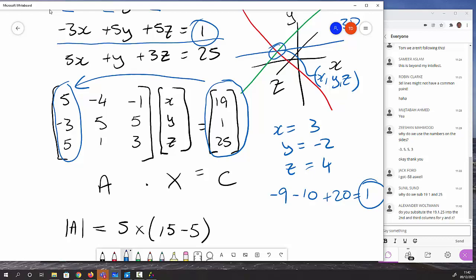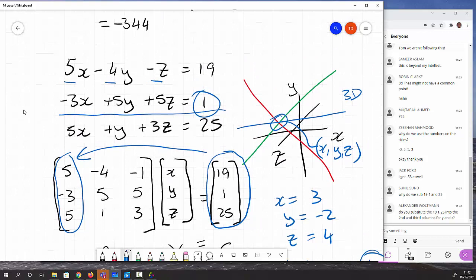Okay, so just in summary then, let's just go over this quickly before I jump into breakout rooms. We've got 3 equations in 3 unknowns here. And what we did, first of all, is we created the matrix of coefficients. So we create the matrix of coefficients, the matrix of the variables, and the matrix of constants here. First of all, we find D, which is the determinant of the array of coefficients.